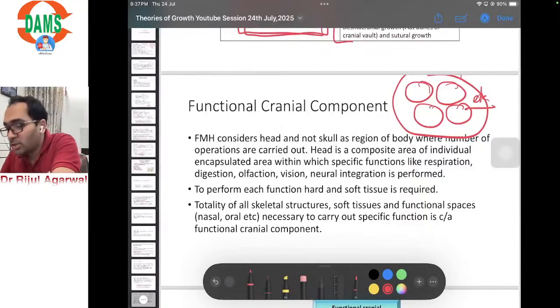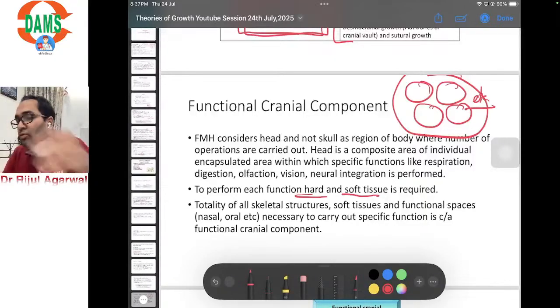For each function to be carried out, we require a hard and a soft tissue. Supposedly for vision, what do we require? For vision we require eyes.